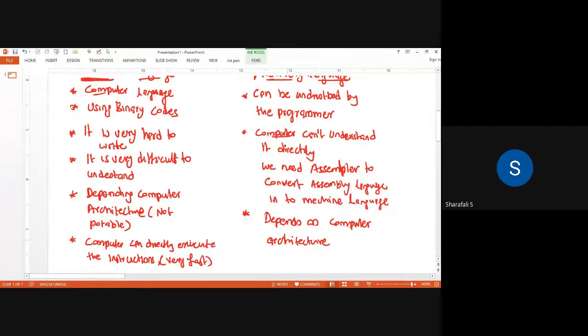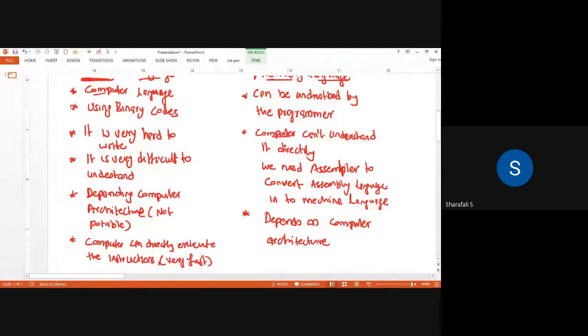So each computer architecture needs different programs, and this assembly language also depends on the computer architecture.